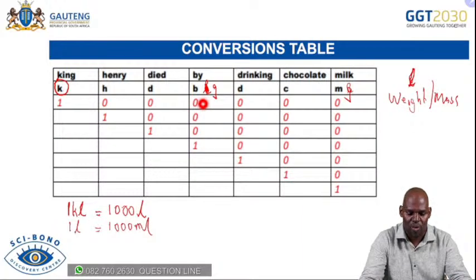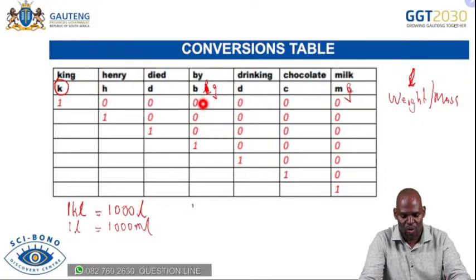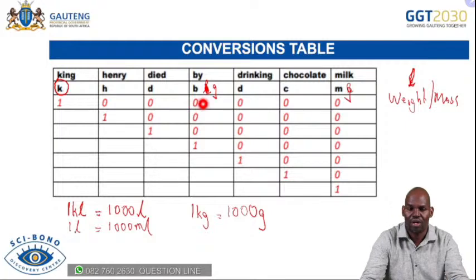We say, right, we are now converting between kilogram and gram. From a kilo to a gram is 1000. So that means 1 kilogram is equal to 1000 grams. There you've got a conversion factor. You're either going to multiply or divide by 1000. From left to right we multiply by 1000, and from right to left we divide by 1000.